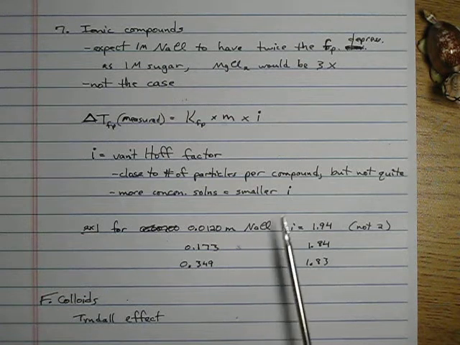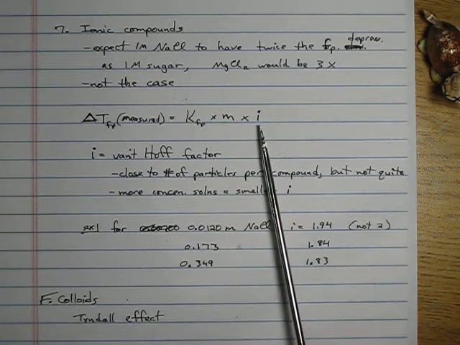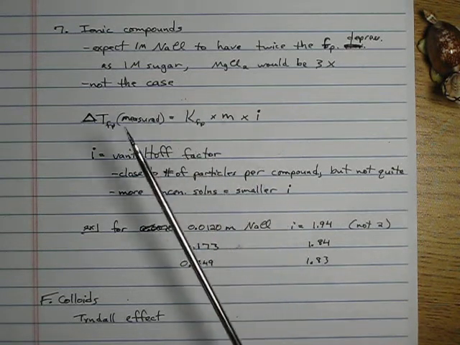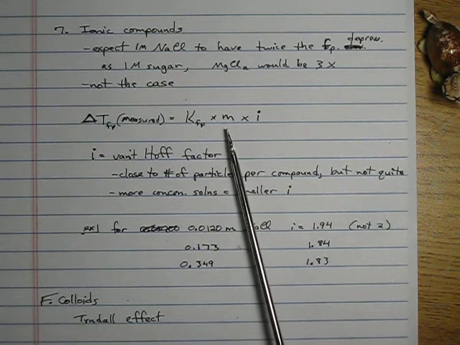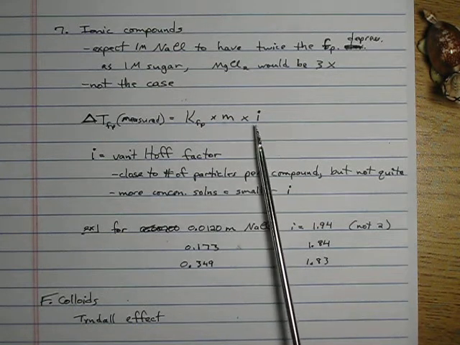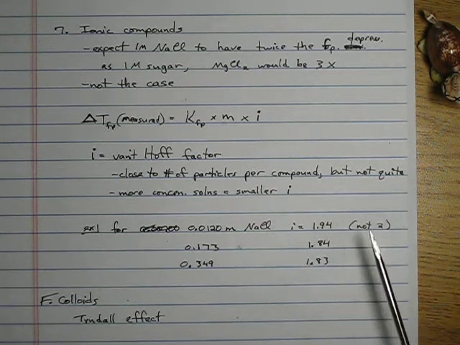We'd expect i, the van't Hoff factor, to be 2 if all things were good in the world. But it's not 2, it is 1.94.